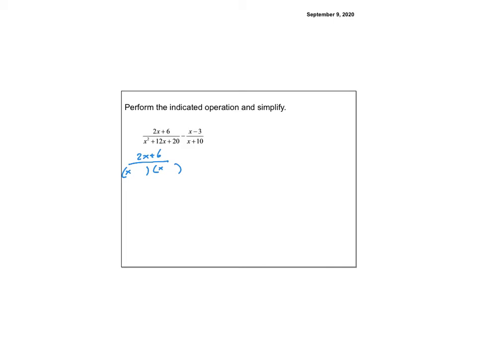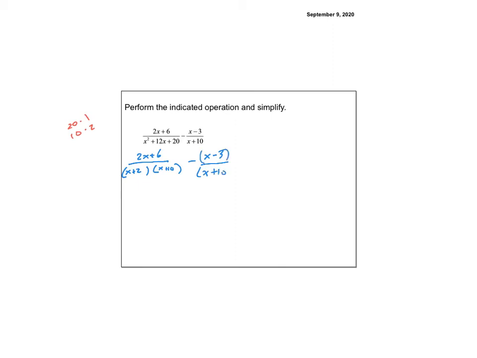What times what gives me 20? That would be 20 and 1, 2 and 10. Oh yeah, 2 and 10 will also give me 12. So plus 2, plus 10. And then over here, x minus 3 all over x plus 10.